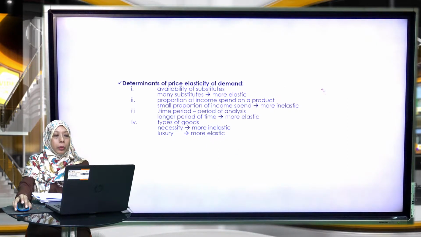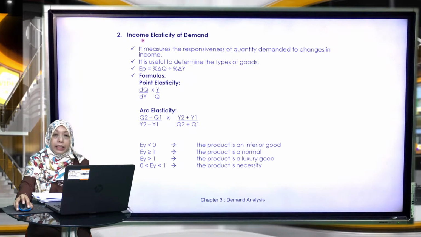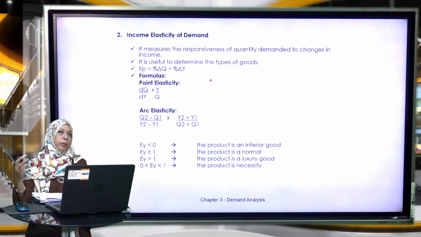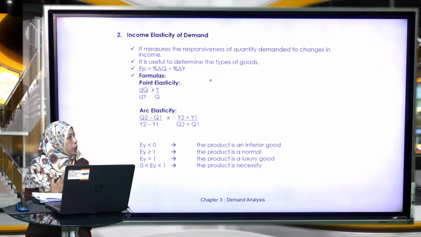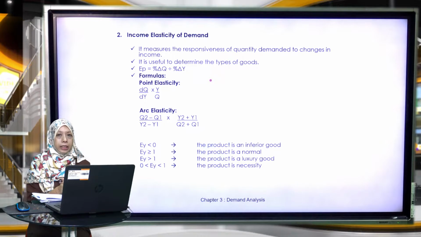We have looked at the first type of elasticity of demand, which is price elasticity. Now the second type is income elasticity of demand. Here we would like to know how sensitive demand is when income level changes, as income is one factor that influences demand.